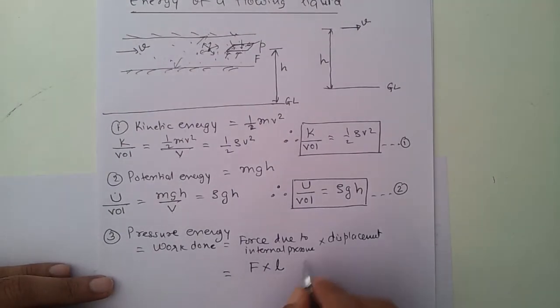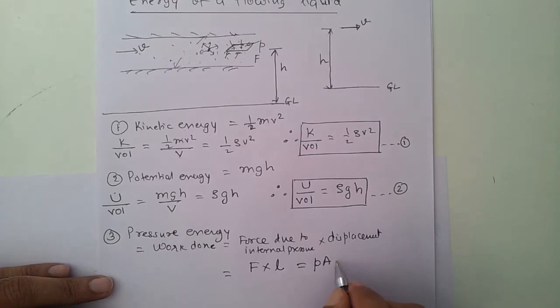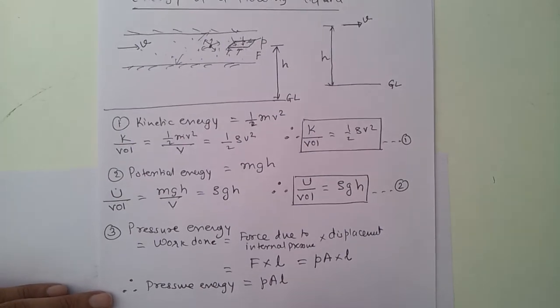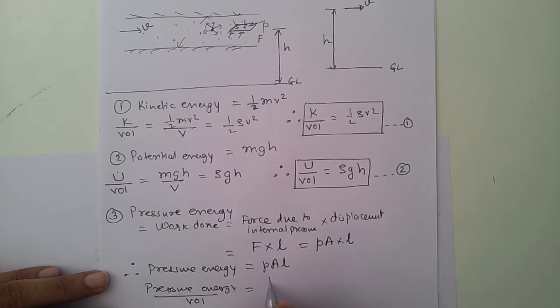Now this force is the force due to internal pressure, therefore it's given by pressure into area. This force which is acting is pressure into this unit area. So pressure into area into L. So therefore pressure energy of the liquid will be given by P into A into L, and pressure energy per unit volume will be PAL by volume.